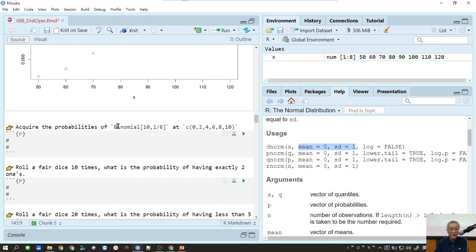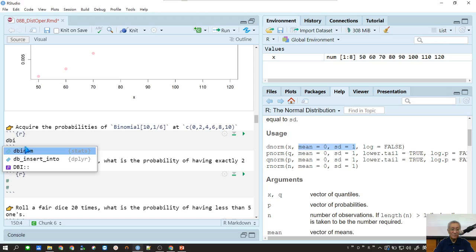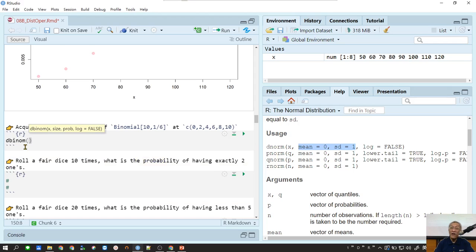Okay, so let's do some discrete probability. Okay, this is binomial, right? So this means that we repeat 10 times, and the probability of success is 1/6. Okay, so how to do that? We want to acquire the probability, right? So the binomial, right?